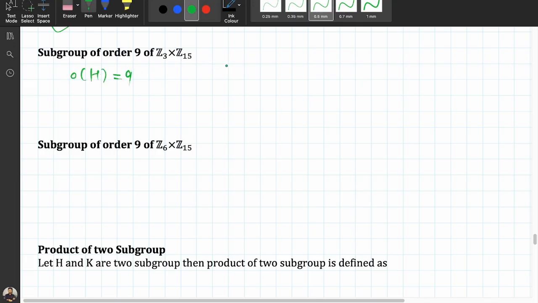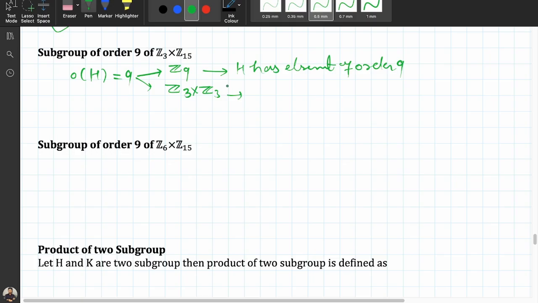Now what is H here? 9 means it can be like this, or what are those possibilities? Z9 or Z3 cross Z3. Okay, so if H is this, then H has an element of order 9. What about this? It is 3 cross 3.